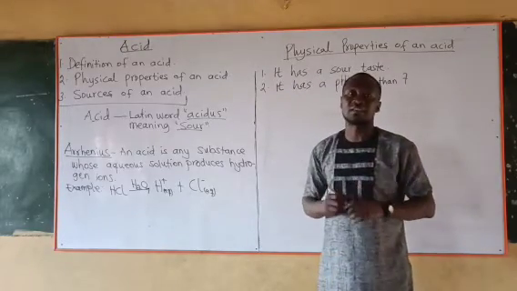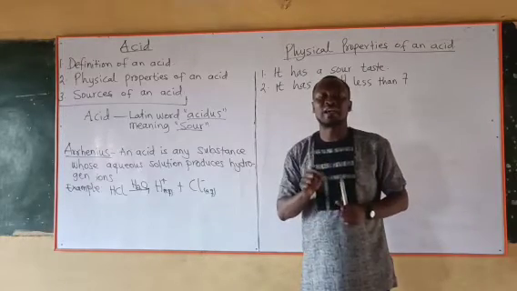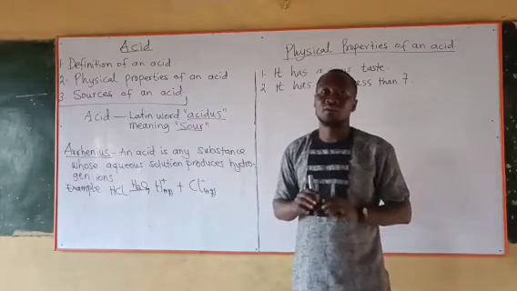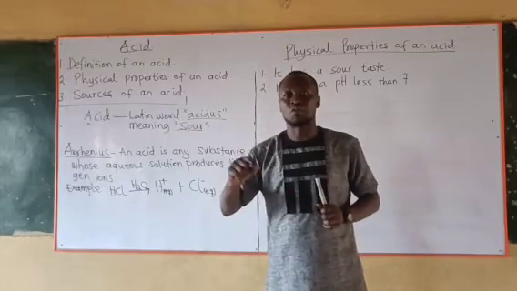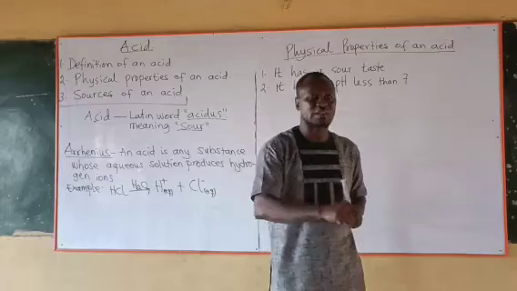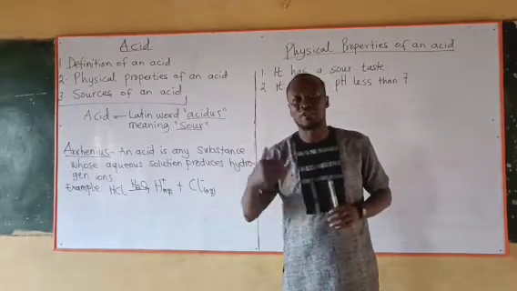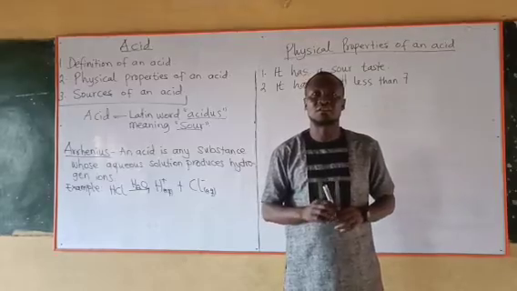It's a pH less than 7. And then lastly, an acid turns blue litmus paper red. When a strip of litmus paper which has a color blue is dipped into an acidic solution, then it turns red, and that solution is an acid.